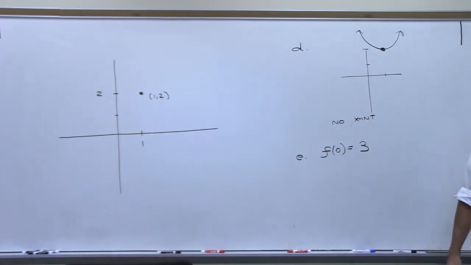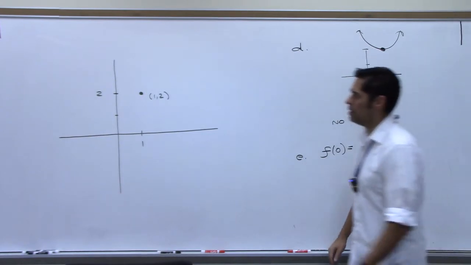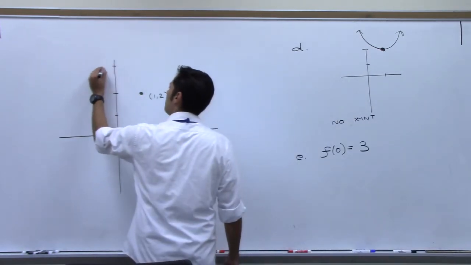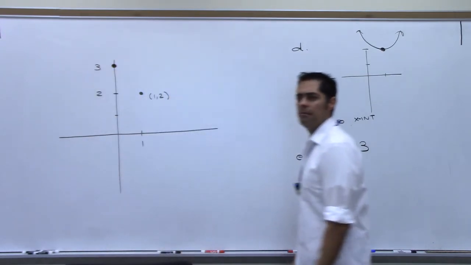I know that it opens up. The only other piece of information I have is the y-intercept of 3. So if I come up here to 3 and draw a dot, I know my parabola has to go through that.